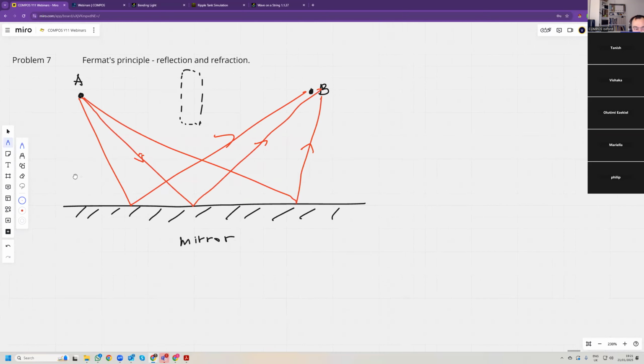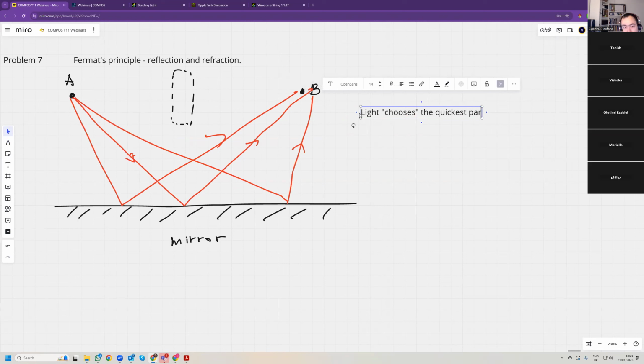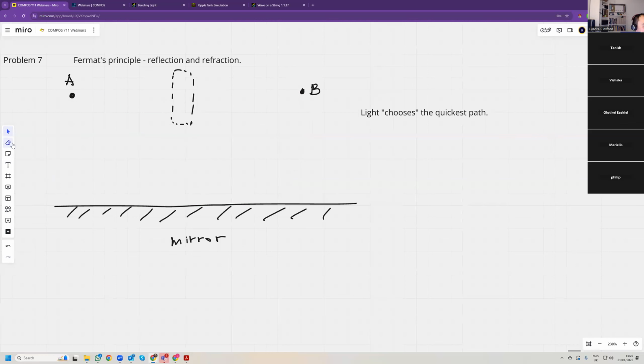Fermat's principle says that light chooses the quickest path. And it turns out that if you were to actually find the quickest path, it would satisfy the law of reflection.